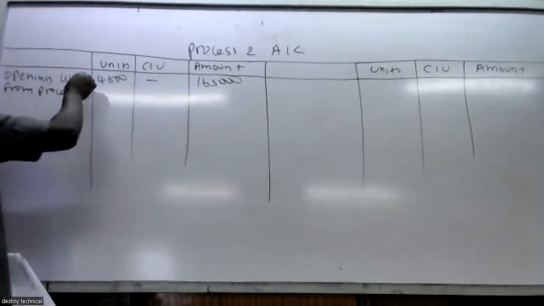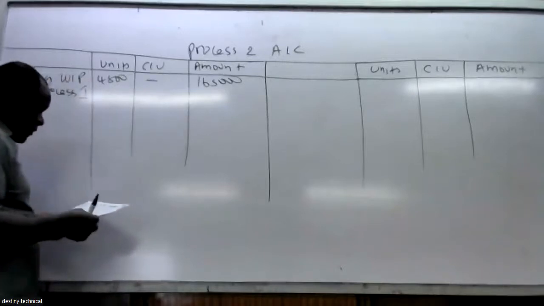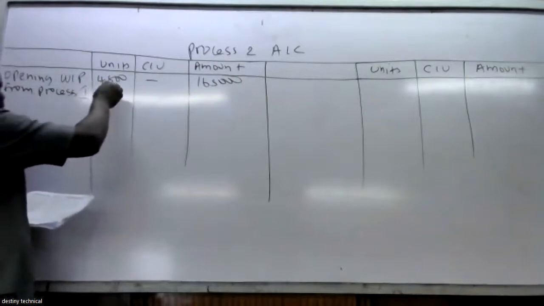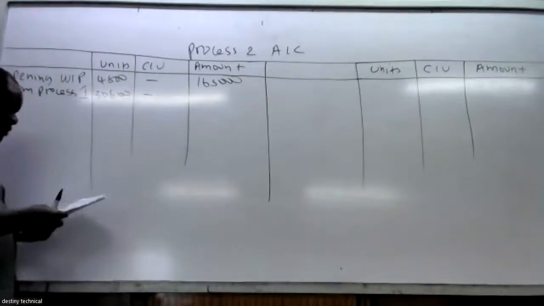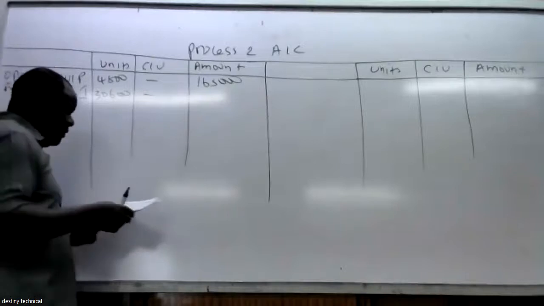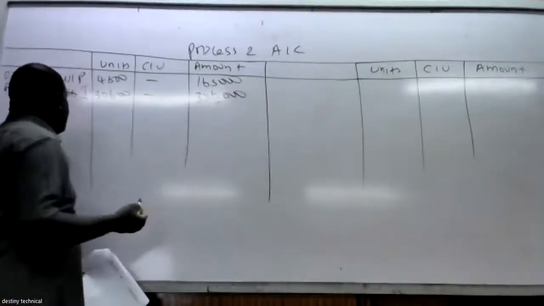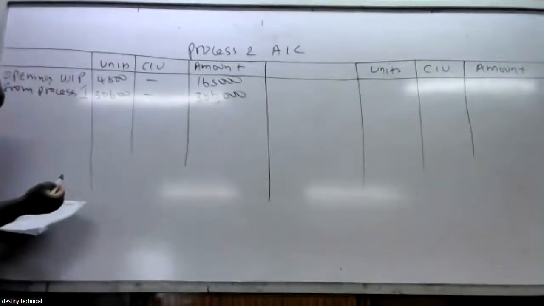From process 1 in the note number 1, there were 30,600. Total amount was meant to be 306,000. That is now from process 1.